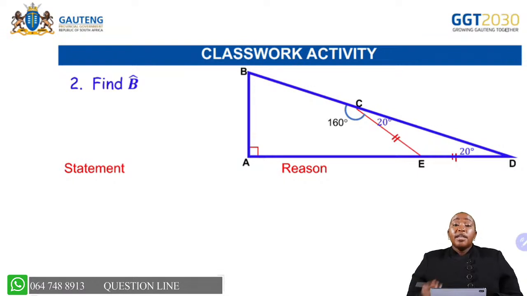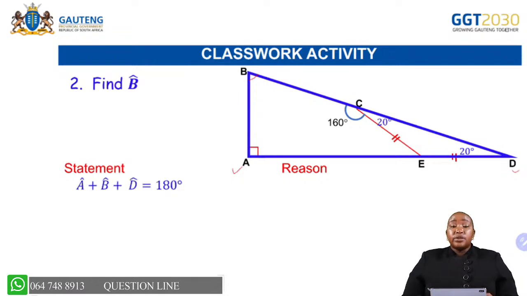Therefore, you use your interior angle sum theorem, and that means you add angle B, angle A, as well as angle D, which is 20 degrees. You add all three of those, and they must give you 180 degrees. So we have angle A plus angle B plus angle D equals 180 degrees, and our reason is interior angles of a triangle, right?